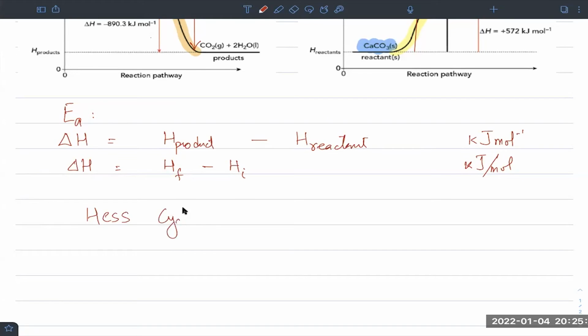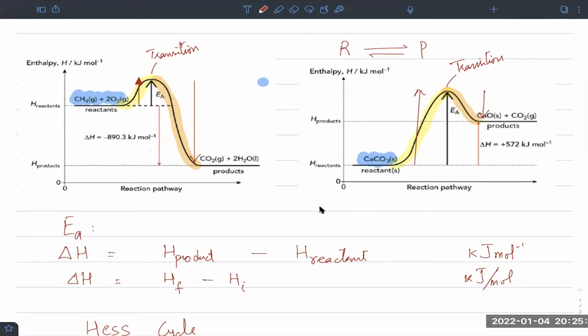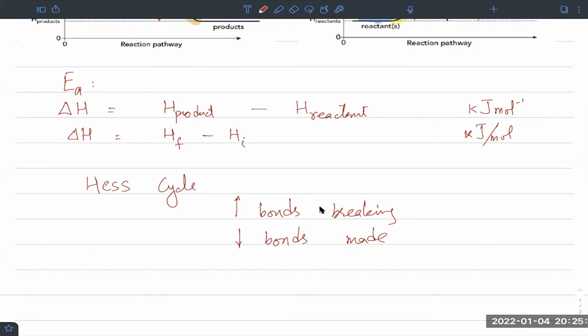Hess's cycle tells me that if you want to know what the change in energy is, or what the arrows are, then the upward arrow is the bonds breaking and the downward arrow is the bonds made. That's it. So just figure out the difference in bonds broken and bonds made, and there you have the difference in energy, and that will give you the delta H. Now that is Hess's cycle, and we use it for covalent compounds.